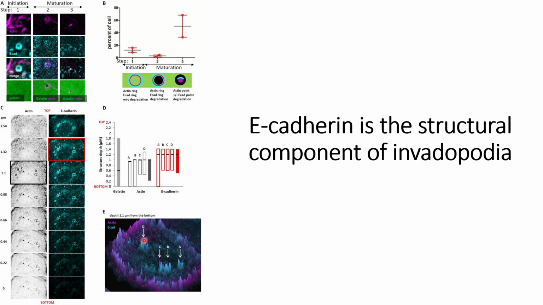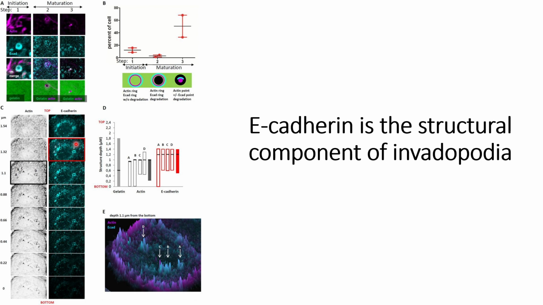The E-cadherin's depth is less compared to the actin. More actin is present at greater depth in the Invadopodia. These things are shown using the points A, B, C, D highlighted in the 1.1 image, and the E-cadherin levels are also shown in the 1.32.